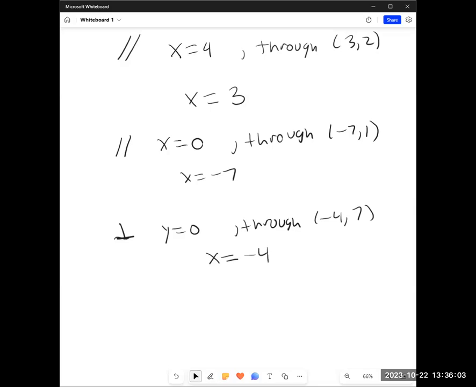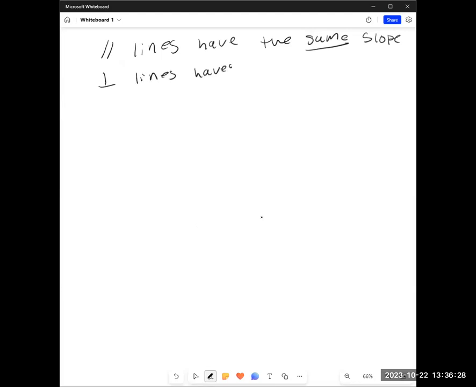So those are all fairly straightforward examples. Let's talk about what it means to be parallel to or perpendicular to. Parallel lines have the same slope. Perpendicular lines have slopes whose product is -1, product meaning you multiply them.